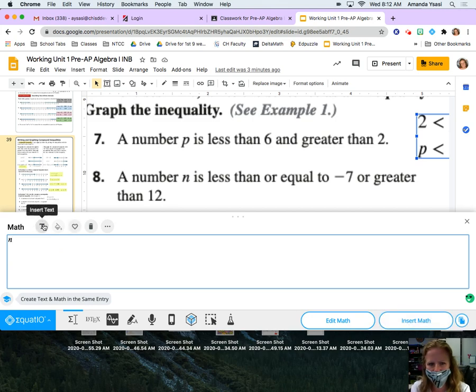So n is less than or equal to -7, or it says greater than 12. So we'll put n again because that's our variable that we're using this time. n is greater than 12.